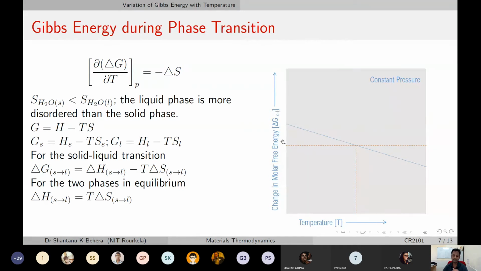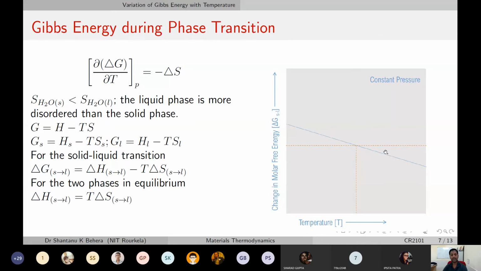There is an equilibrium temperature here. Lower than that temperature, the solid to liquid transition delta G is positive. At temperatures higher than this equilibrium temperature, the solid to liquid transition delta G is negative.